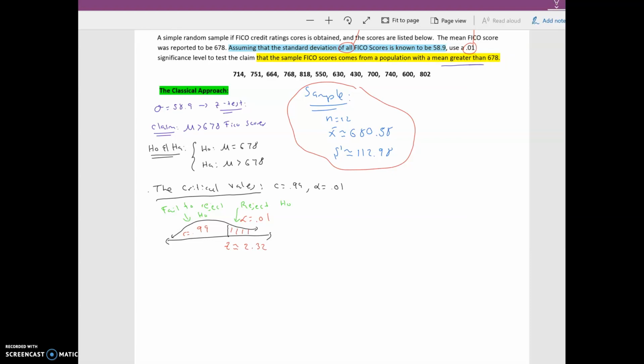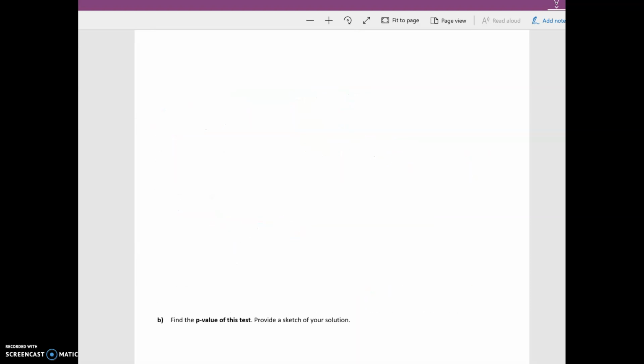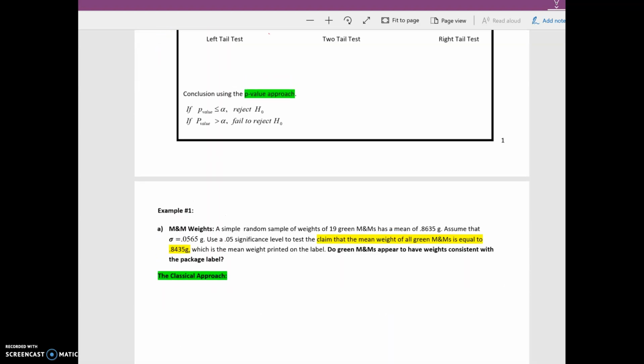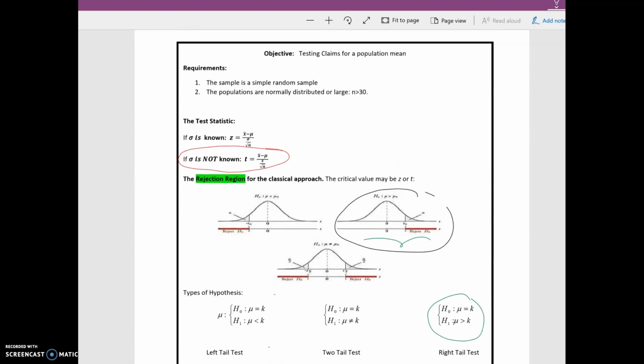Now, the test statistic, and I need you to label this. It's going to be a z-score that's going to have the following values. This is x̄ minus mu divided by sigma over the square root of n. I'm getting the actual test statistic from technically page 1.